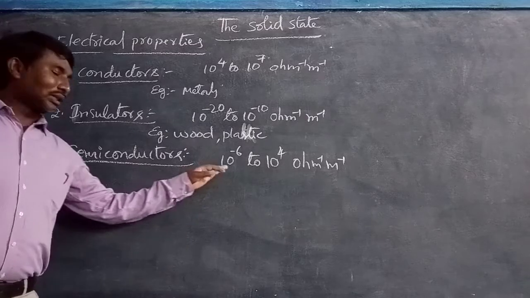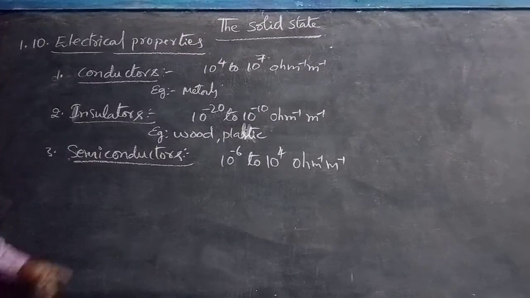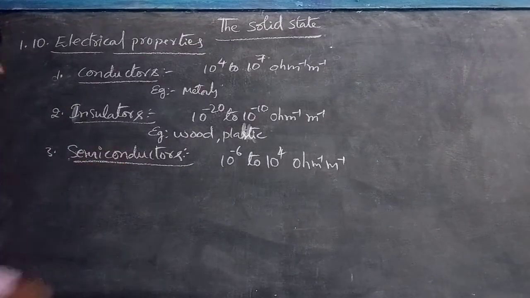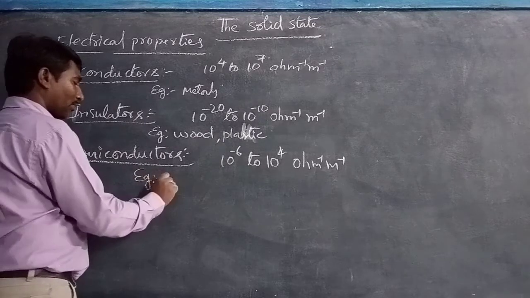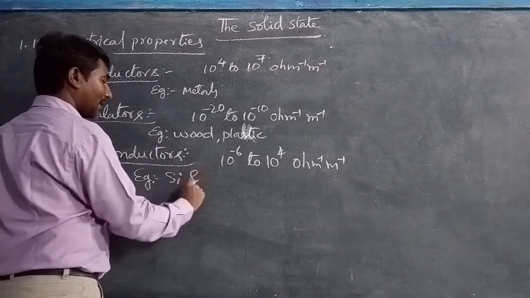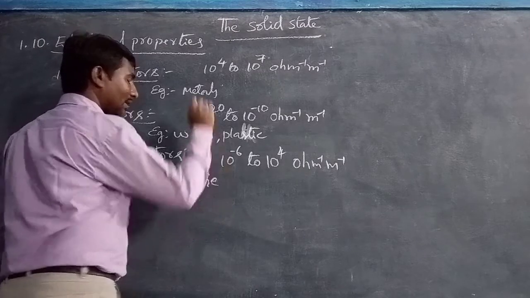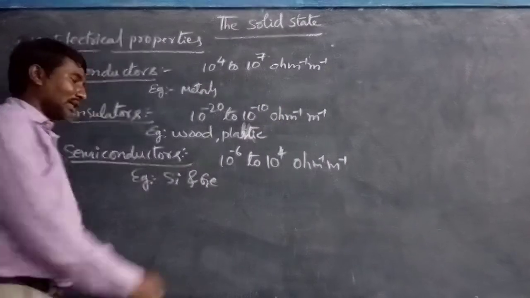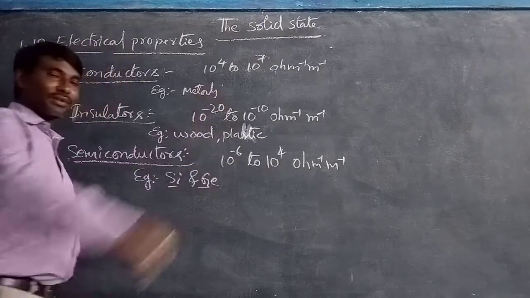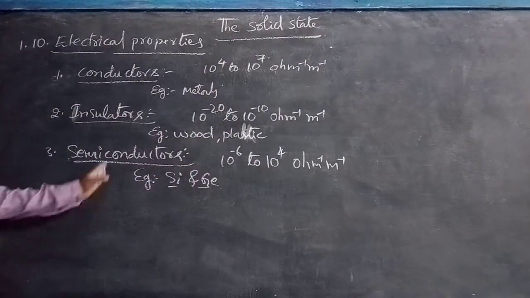This type of substance is called a semiconductor. For example, silicon and germanium. Generally, silicon and germanium show semiconductor behaviour.